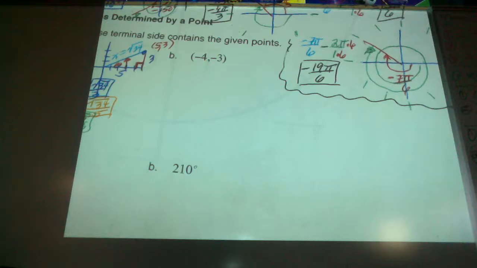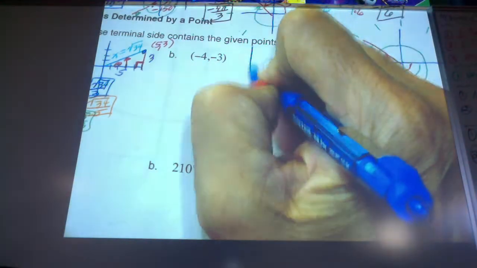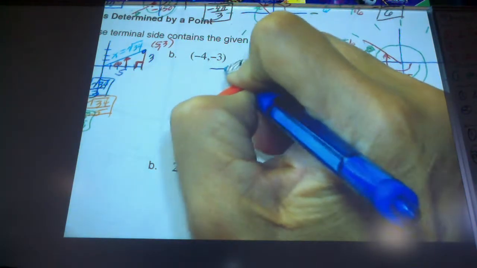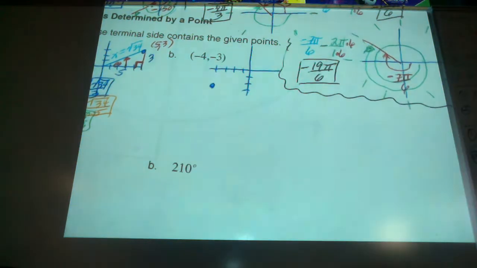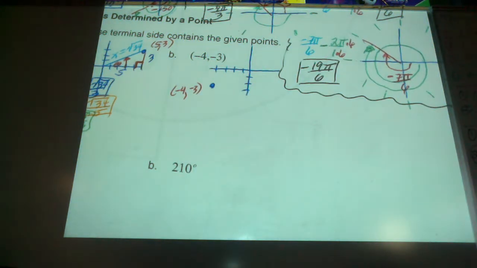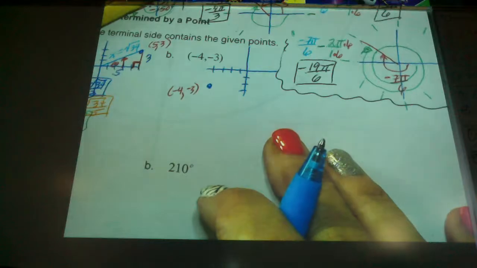So we're going to draw our picture here, and we're going to put in -4, -3. So that would be right about here in quadrant 3. And the pathway from the origin that's created looks like this.